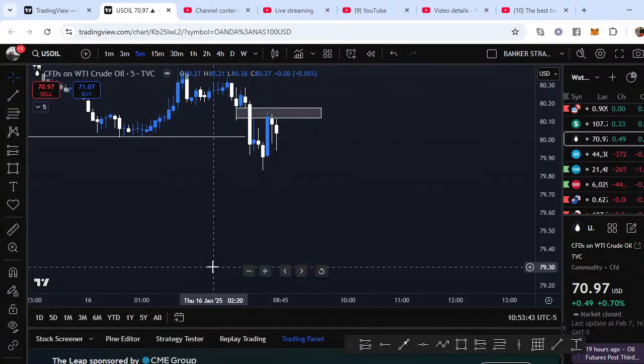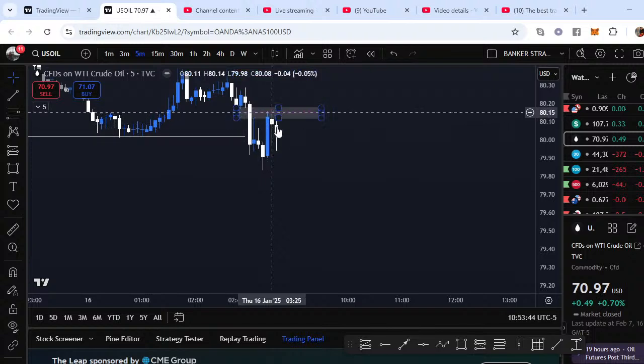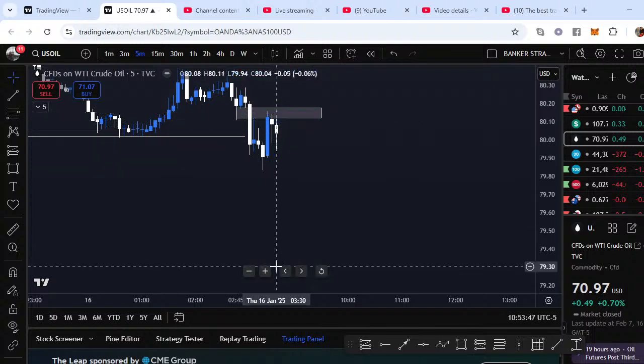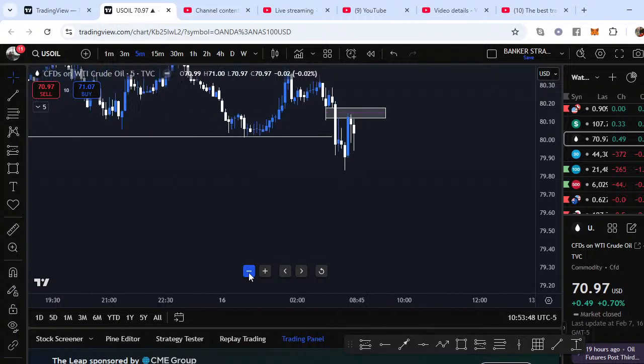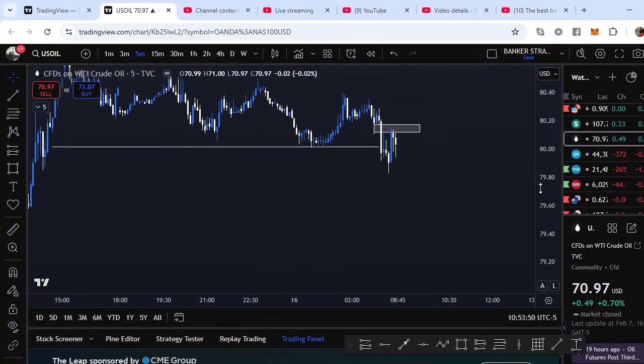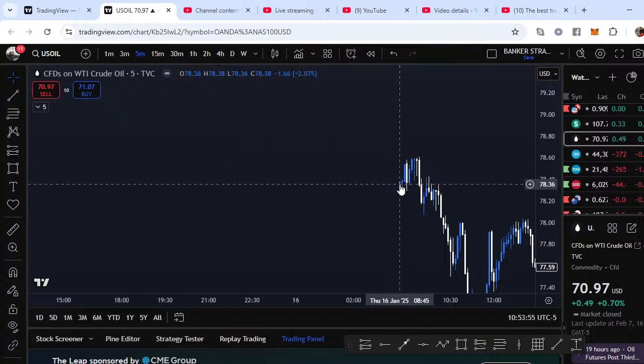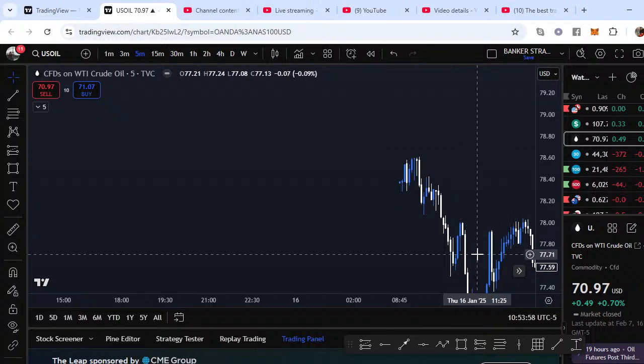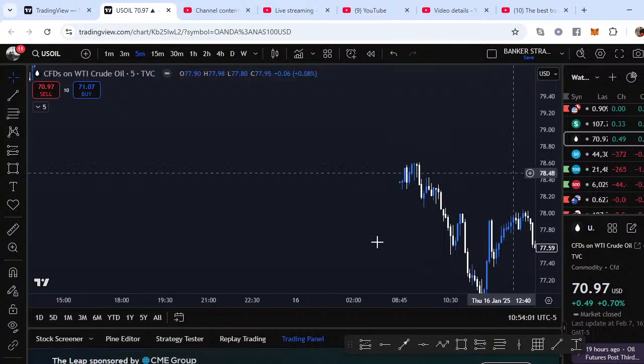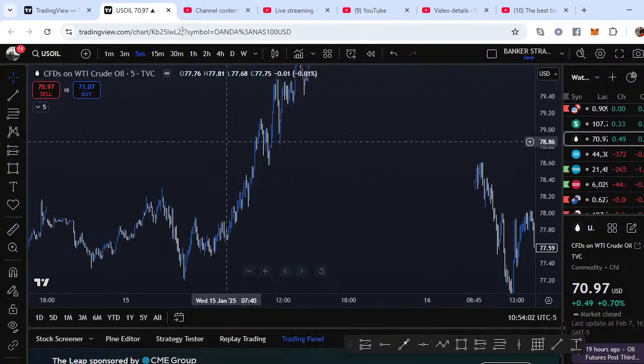Now, once we get in that sell, and this is crazy because at 3:30, price just teleported. Price literally just teleported right here.